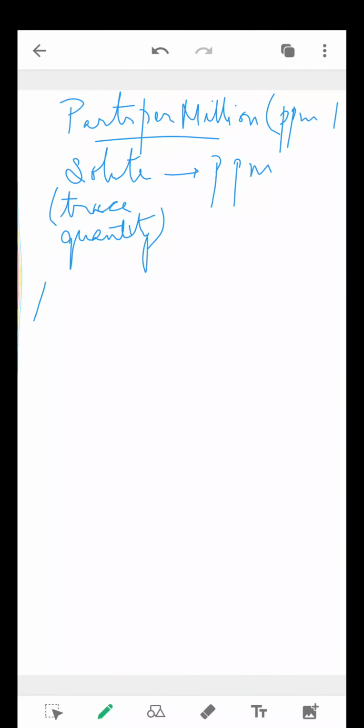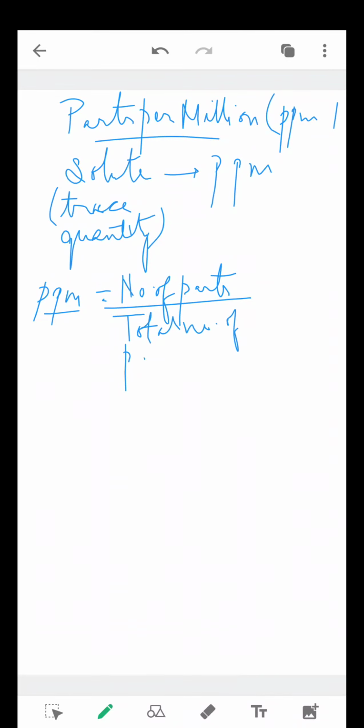So parts per million, how do we write this? It is the number of parts of the component divided by the total number of parts of all the components of the solution, into 10 to the power 6.